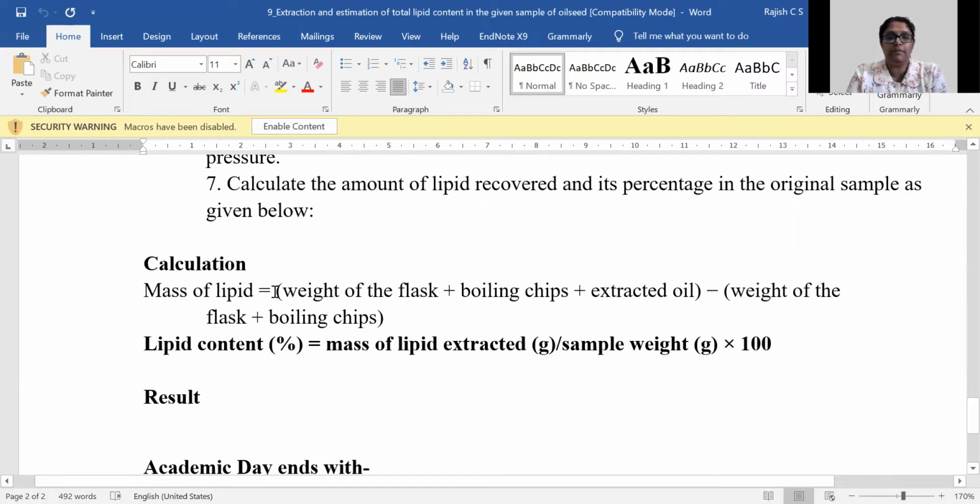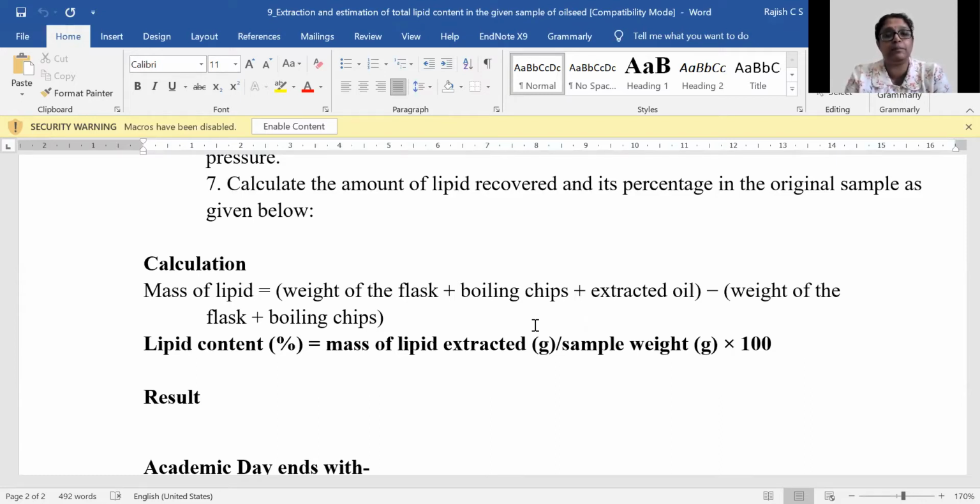You will get the mass of the lipid from the weight of the flask plus boiling chips plus extracted oil. That will be your final weight, after the extraction and drying process, for the extractor and reservoir part, minus the earlier weight, when you had only the flask and the boiling chips alone.